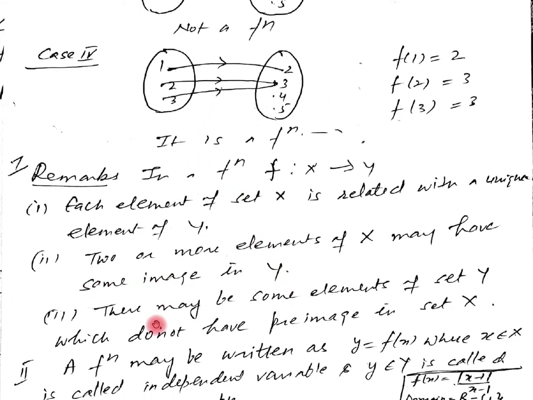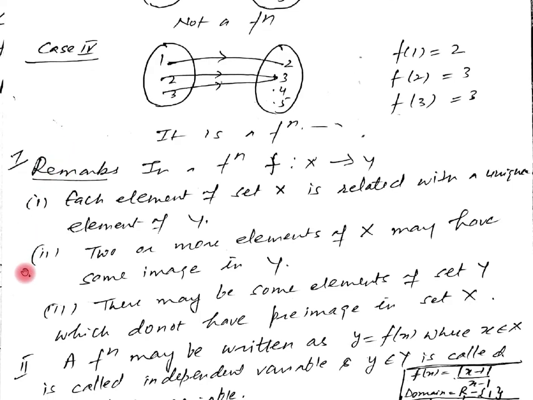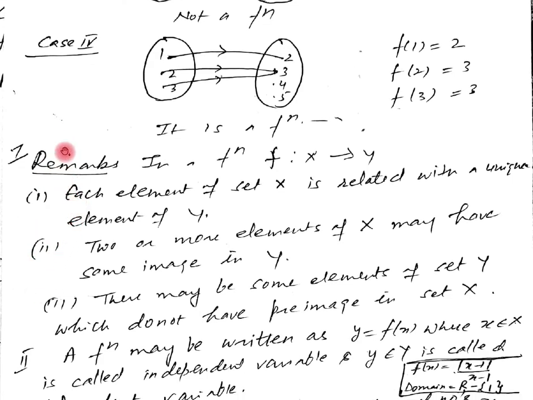And third is here, there may be some element of the set y which don't have pre-image in the set x. For here these two elements 4 and 5 they are not have any pre-image in x, still it is a function. These are the three conditions that we have to follow in the case of function, then it is known as a function.